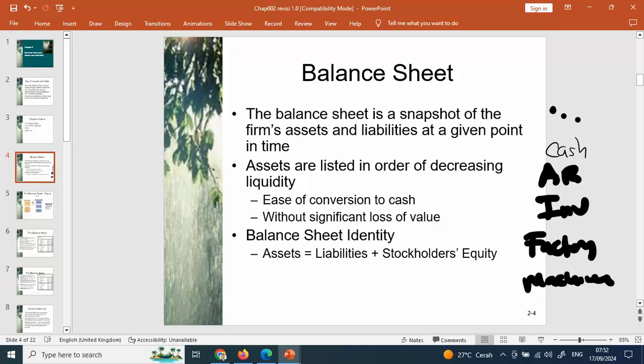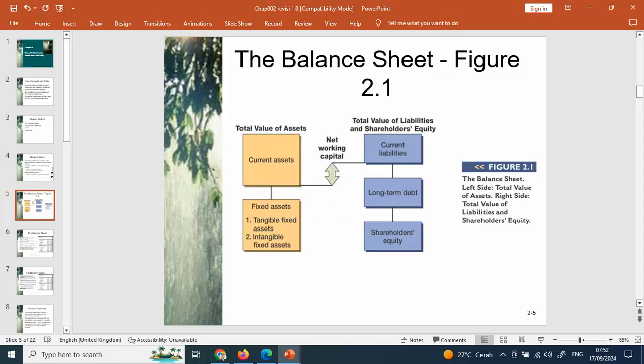And then in the balance sheet, there is asset, liability, and stockholders' equity. The balance sheet figures on the asset side are current asset and fixed asset.